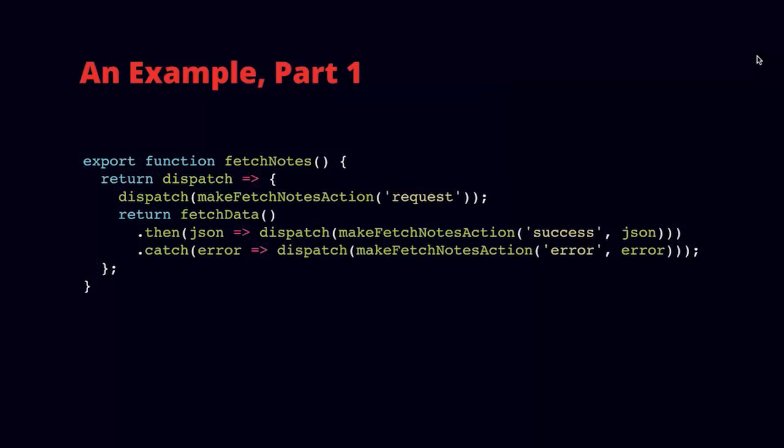This is to constrain things to make sure that we don't have anyone doing this without being invited to. The first thing we do is create a new action to signify that the request is being made, by calling make fetch nodes action with requested as the first argument. And we pass the output, the action we get back, to dispatch. And so this basically sends an action through the system saying that a request got made.